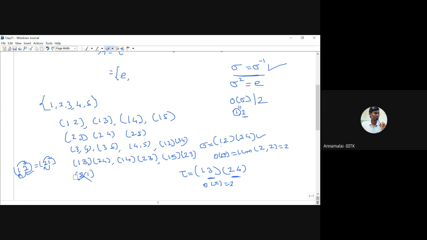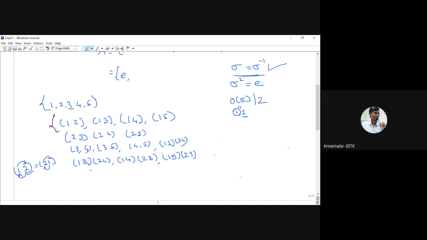Then is any other possible? We need the LCM to be 2. Therefore, the only possibility is 2, 2. So if you take a length 2 permutation and another length 2 permutation, and these two are distinct, then we take the LCM. Now these are all the possible permutations whose order is 2.